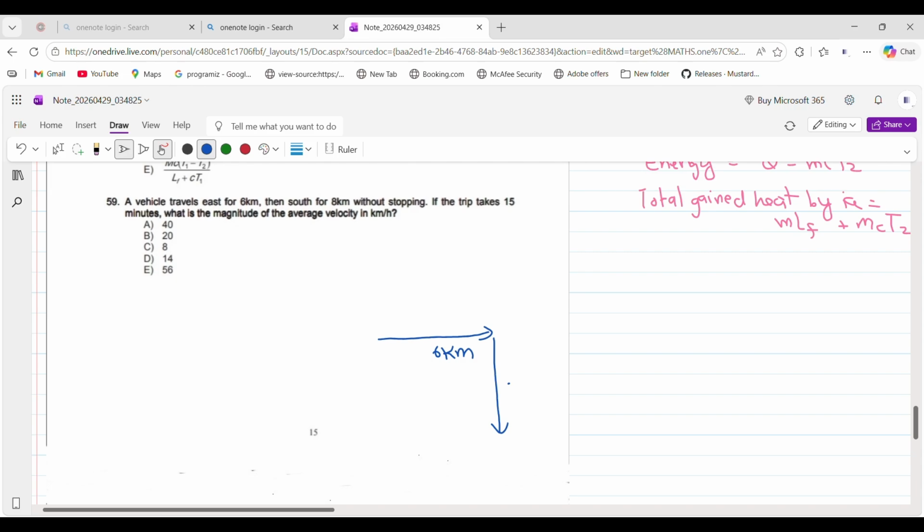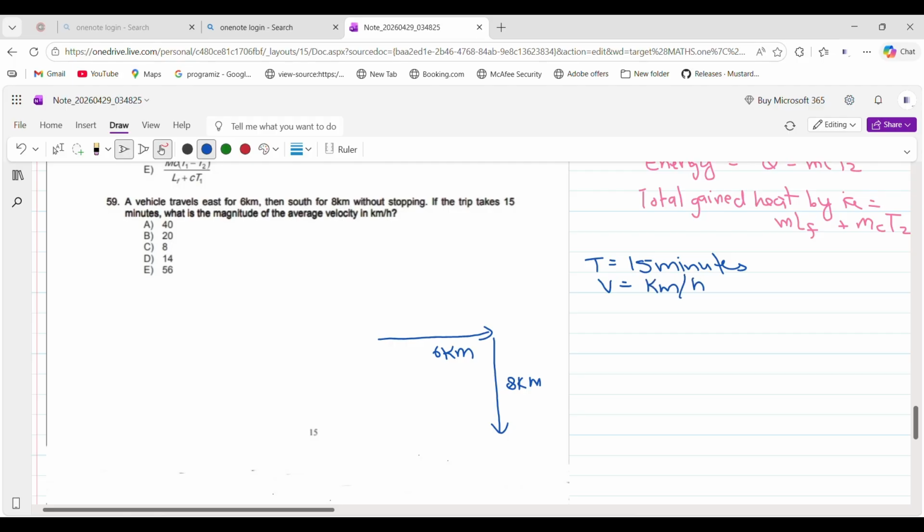This is the south direction. Without stopping, if the trip takes 15 minutes, time is given basically as 15 minutes. They have asked us what is the magnitude of the average velocity in kilometer per hour.